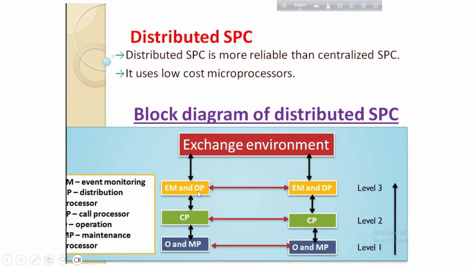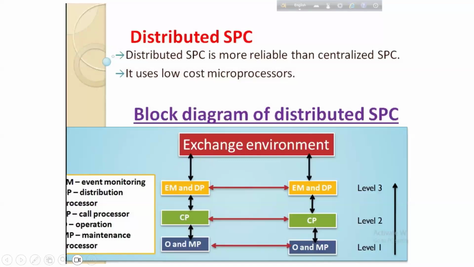Distribution processor DP, call processor CP, operation and maintenance processor MP. With this exchange environment, all these elements are connected, and they are connected with each other as well. So all of them can now take decisions by themselves. Okay, so this is the main difference between the central processor and distributed processor.